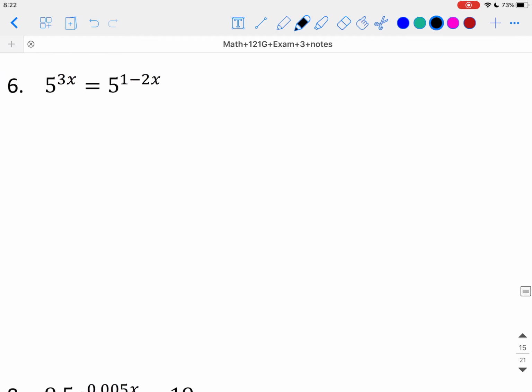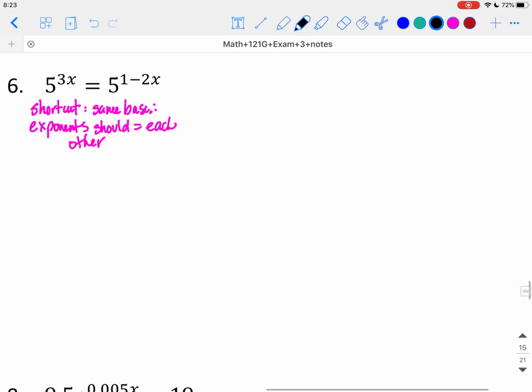Next one. I have 5 to the 3x is equal to 5 to the 1 minus 2x. Well, if you notice, I have the same base on both sides. Since I have the same base, a shortcut would be that my exponents must be equal to each other. Shortcut, same base, therefore exponents should equal each other.